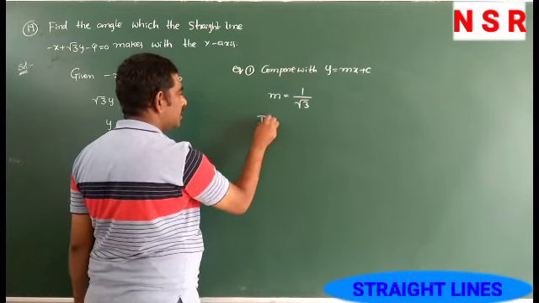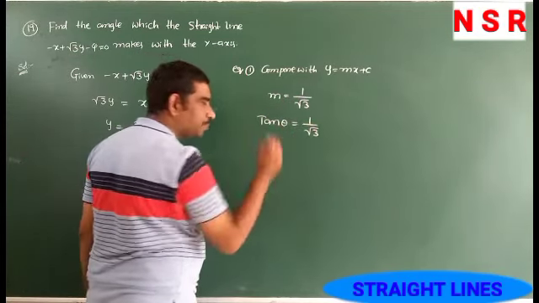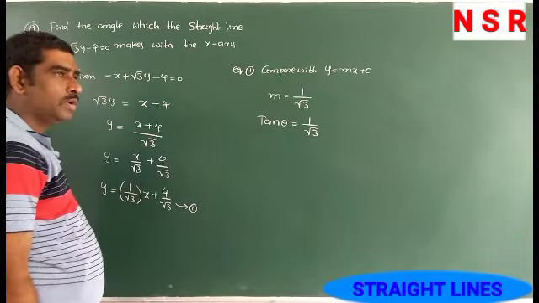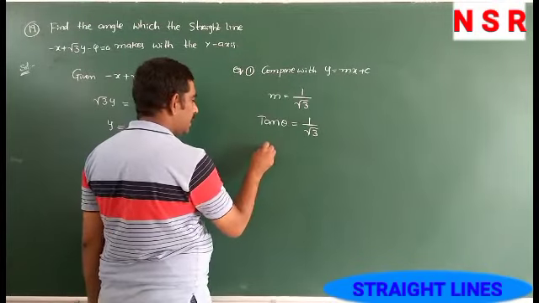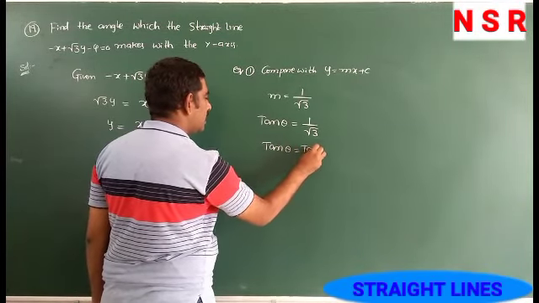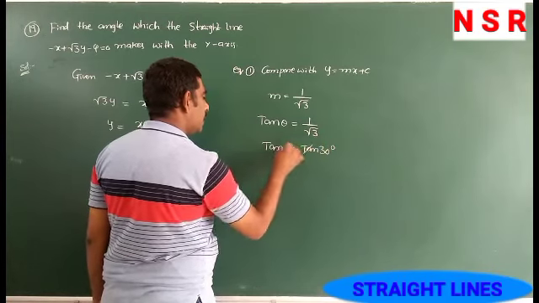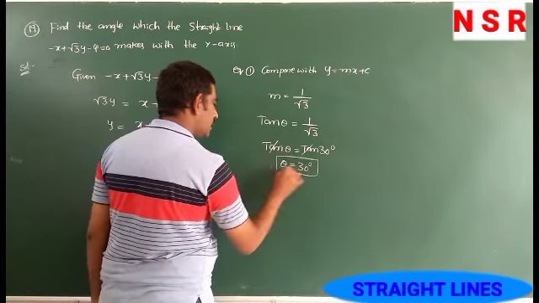So m means tan theta equal to 1 by root 3. Tan of 1 by root 3 we get at 30 degrees. Now tan theta is equal to tan 30. Now tan gets cancelled, we get theta equal to 30 degrees.